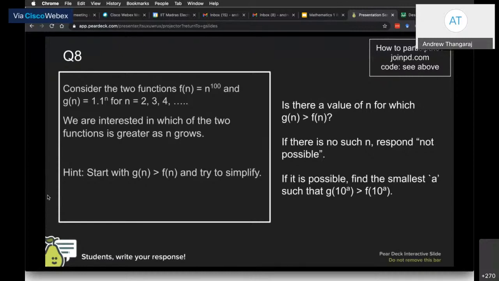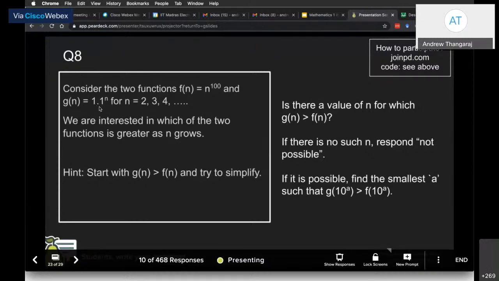Yes, 1.1 whole power n. Since it's 1.1, it is not 1 to the power n. It's not a constant function. g of n is 1.1 raised to the power n. 1.1 is one number there.